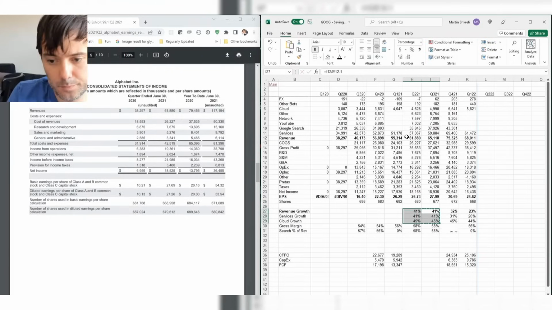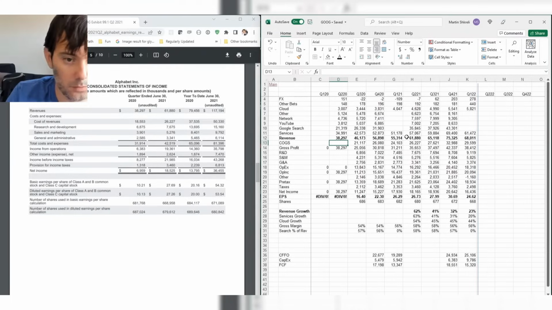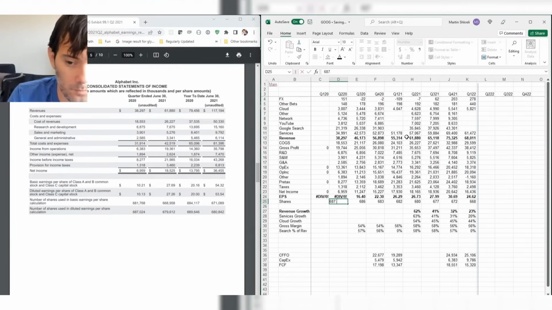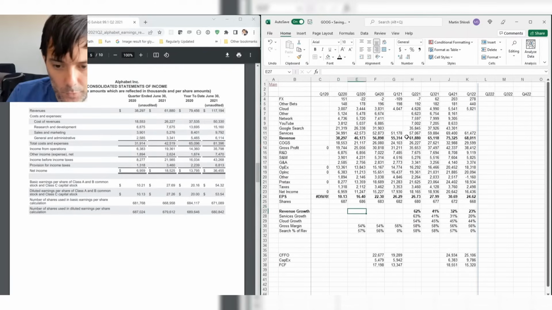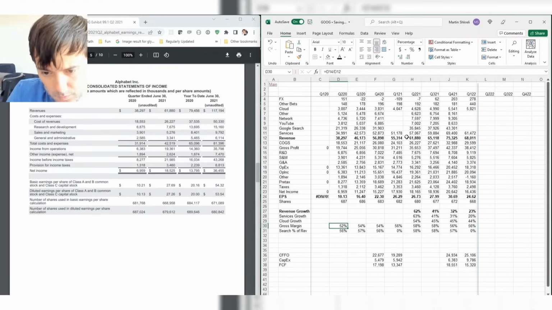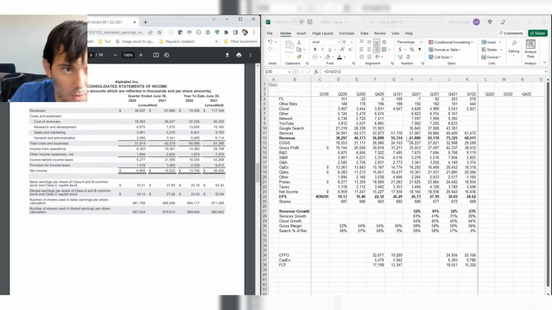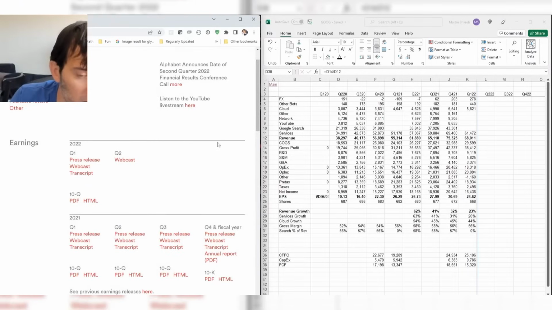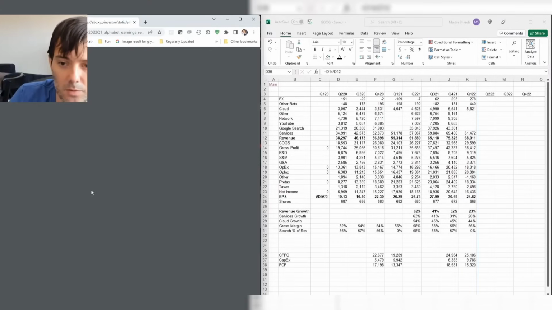Okay. Cool. Alright, so that's more or less a wrap for the brief Google income statement.